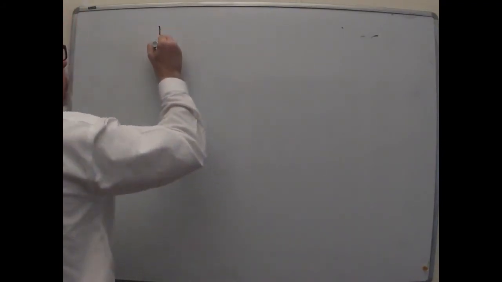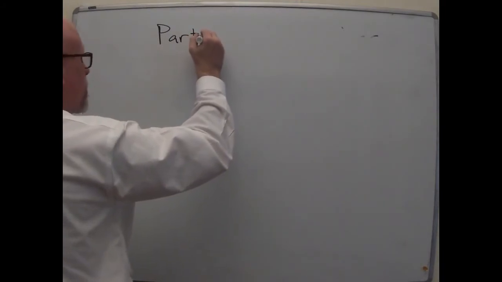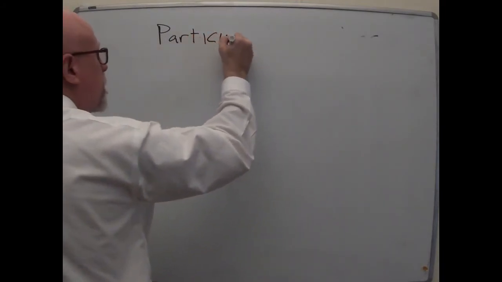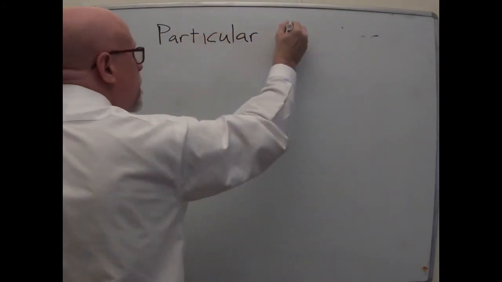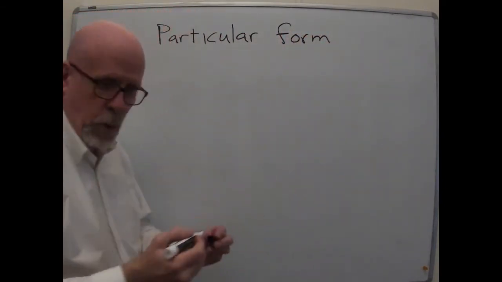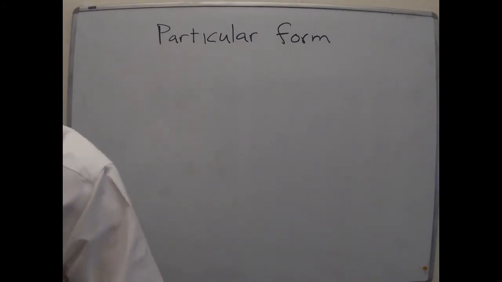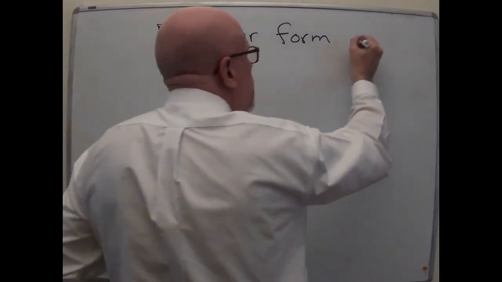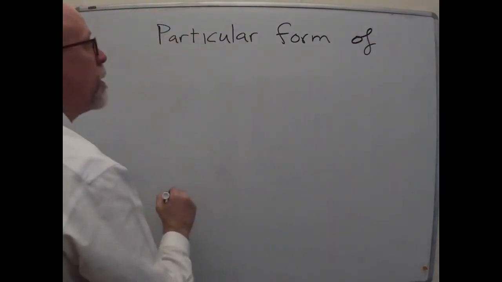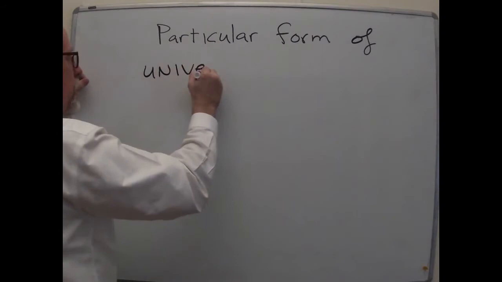So let's look at the particular form of universal modus tollens. I feel like my marker's getting a little gray here, so I'm going to trade out for a better, darker one. Particular form of, is that better? I hope it is. Universal modus tollens.